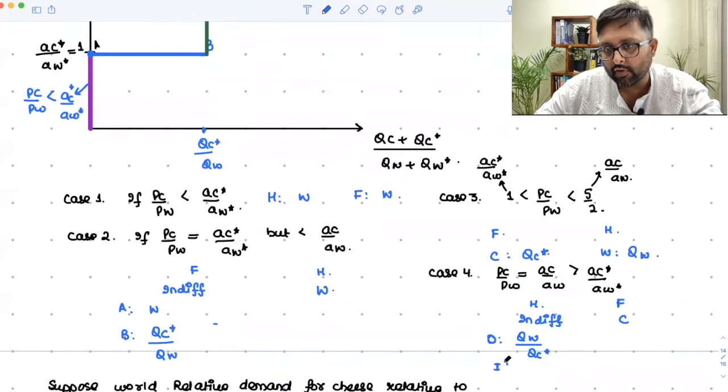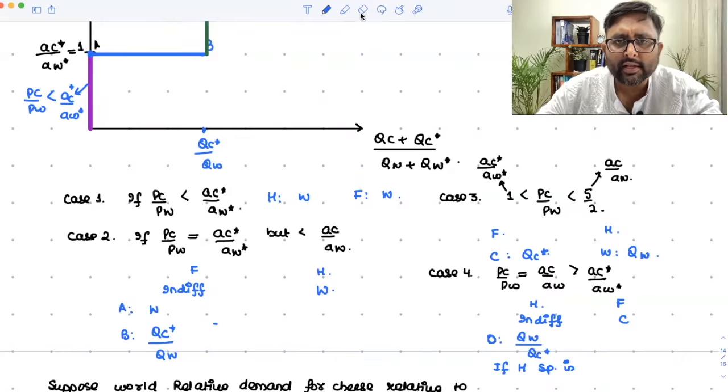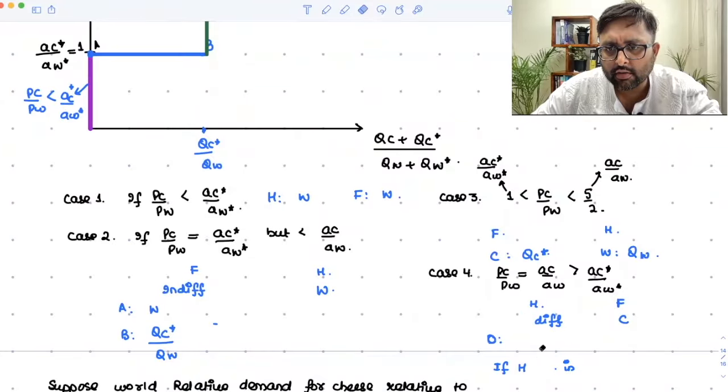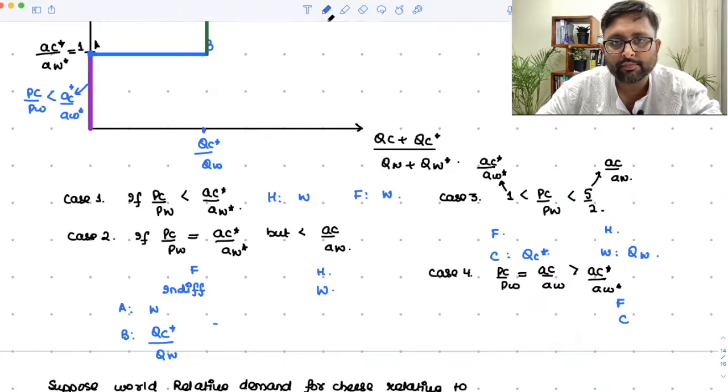So if home country specializes in cheese production, what will that be? I think I have written this the wrong way around. Just wait.